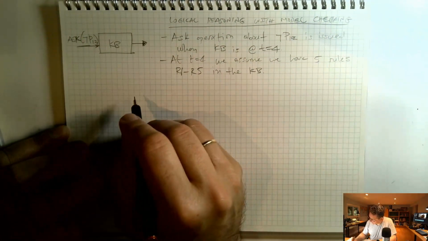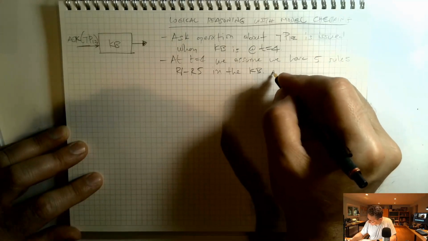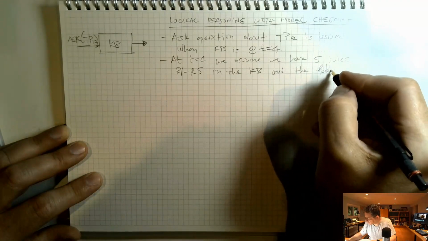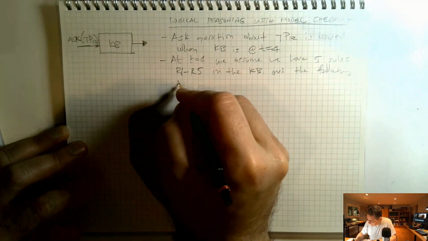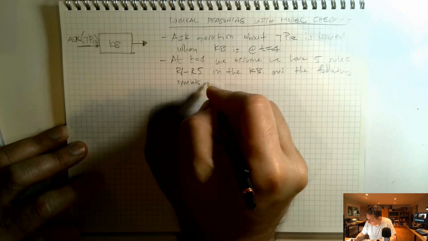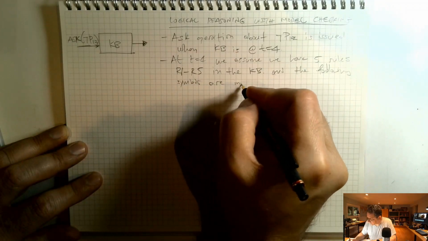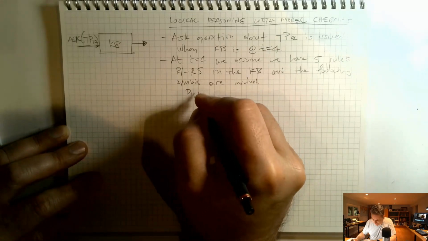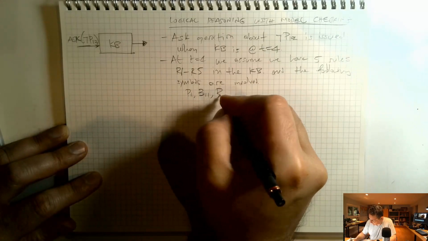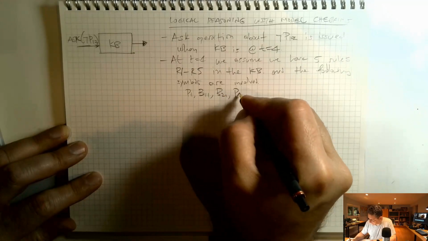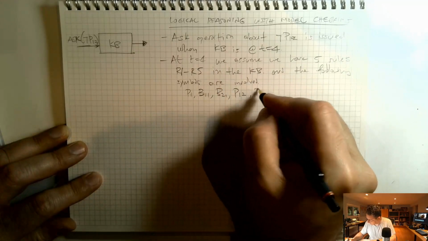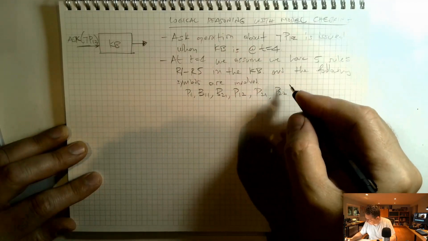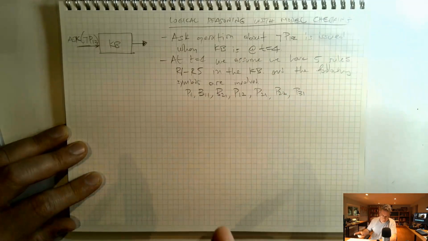We have 5 rules in the knowledge base and the following symbols are involved: P11, B11, B21, P12, P21, P22, and P31.